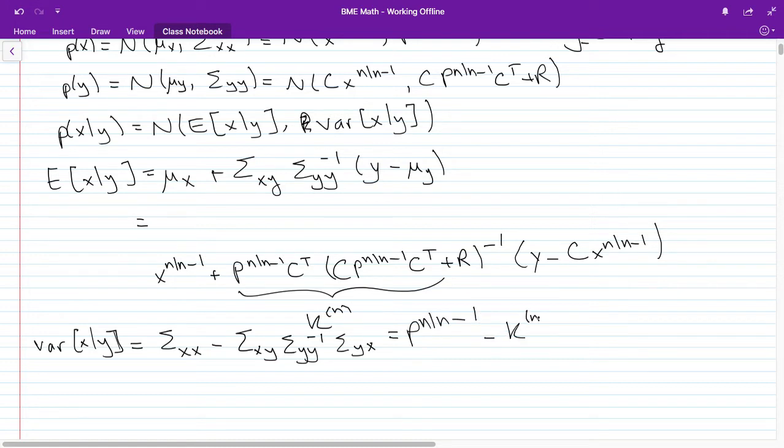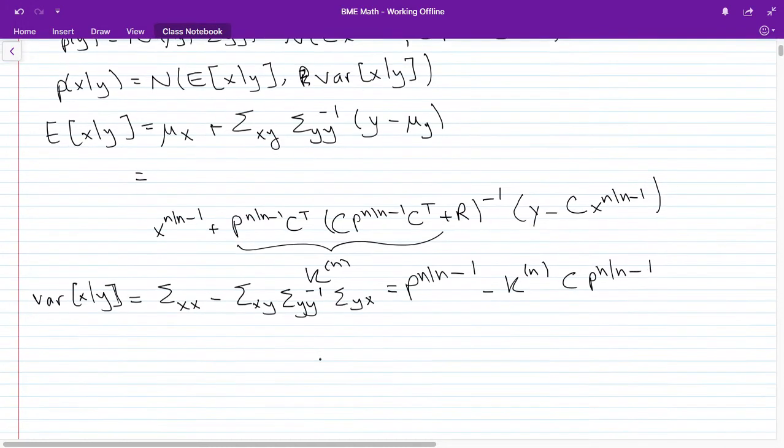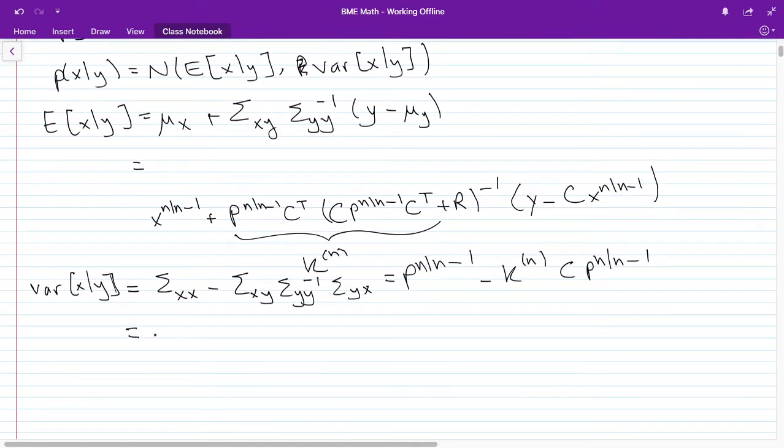That's the Kalman gain. Sigma yx, the covariance of y with x, is c p of n minus 1, which is equal to the identity minus the Kalman gain times c times the prior. And we call this the posterior uncertainty.